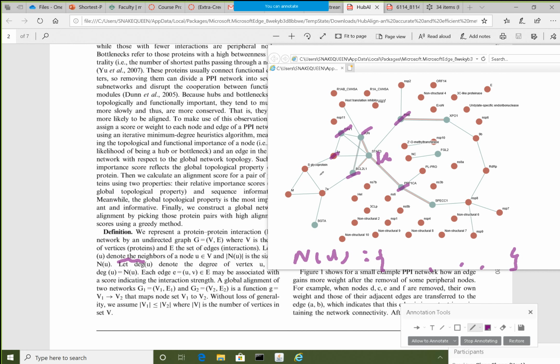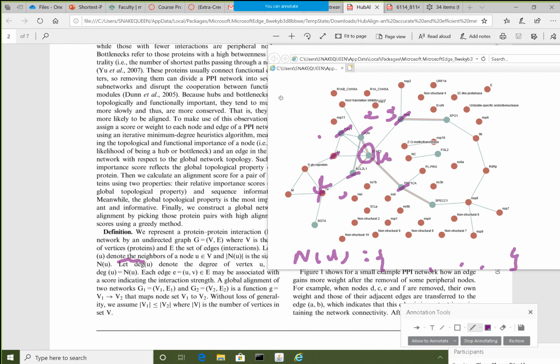This is the informal discussion of the paper. So 1, 2, 3, 4. Hold on. This should be 4. This is 4, right? This is 5. So it means how many adjacent nodes. If this is U, when we talk about the N of U, corresponding to all the labels.